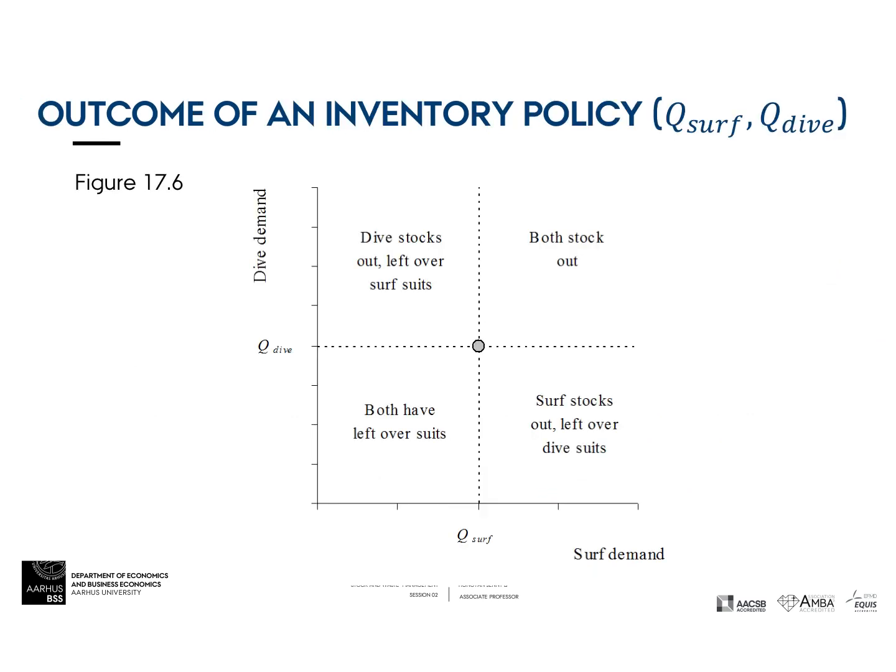Now we use this coordinate system to show this matrix of outcomes of an inventory policy. Assume you have two order quantities for different items. If you order Q units of serve hammer and Q units of dive hammer, you get four regions of different performance.